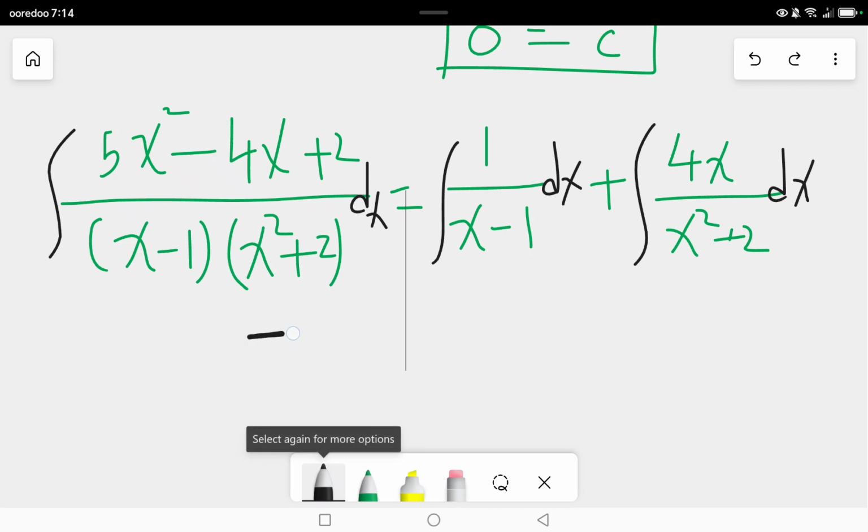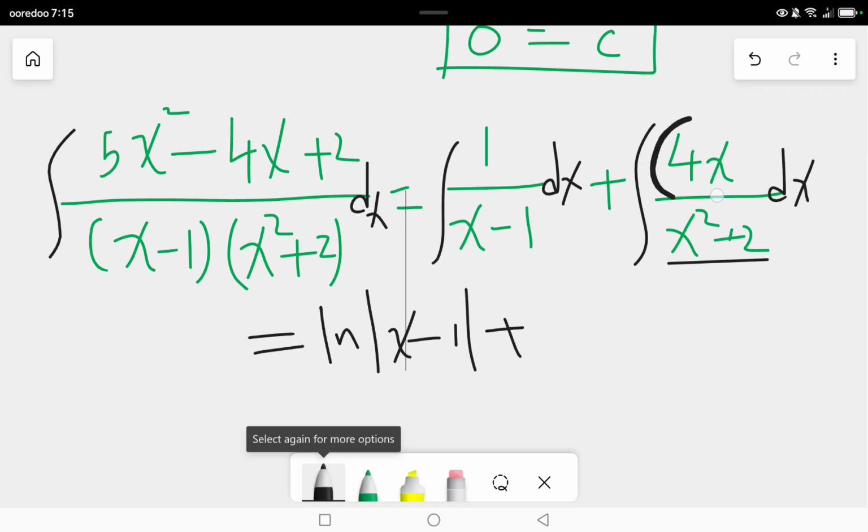It is equal to ln of mod x minus 1. Why did I write this 2-line mod? Because it means positive, log is never negative. Plus, for x square the derivative is 2x, so we have 4x.